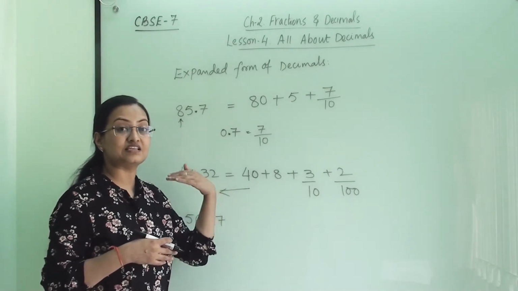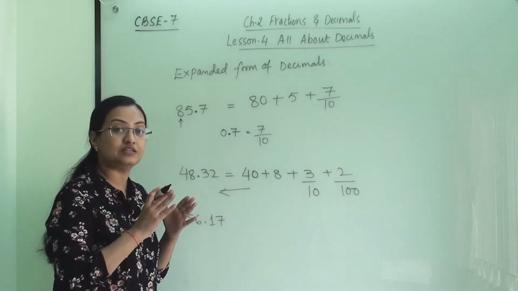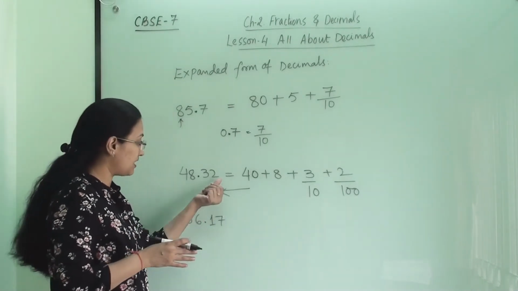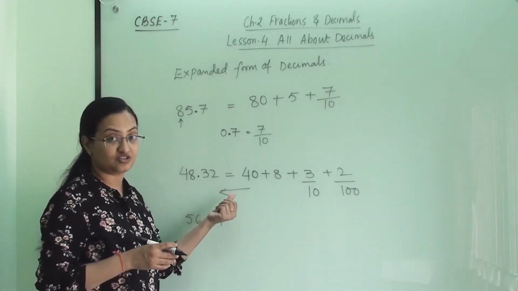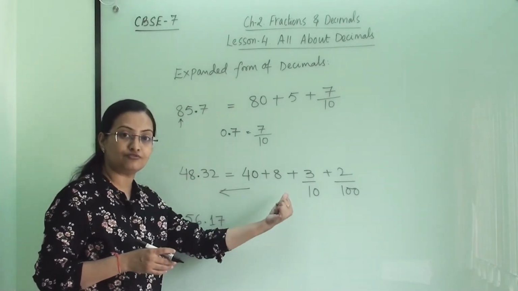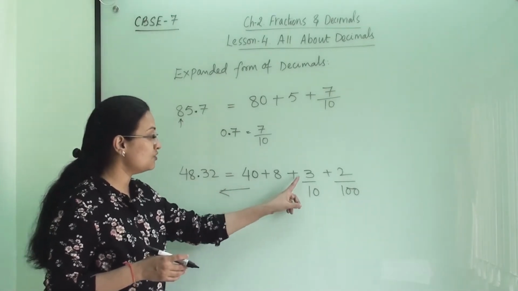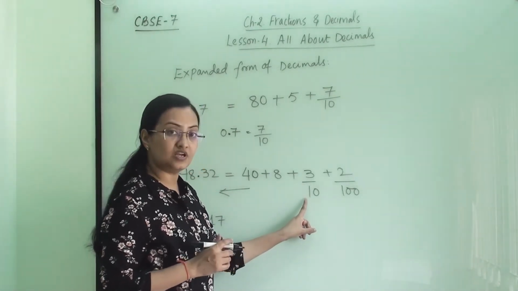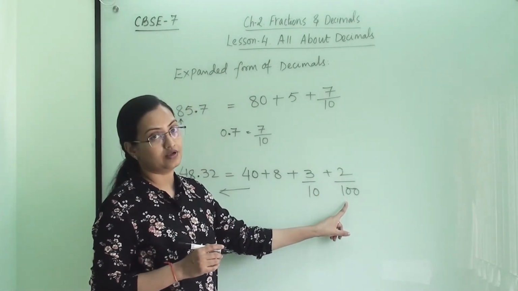Yes, it is exactly the reverse of the process when we are putting the decimal point. We count from here, but when we are assigning fractions, we count from the left side. So 3's denominator is 10 and 2's denominator is 100.